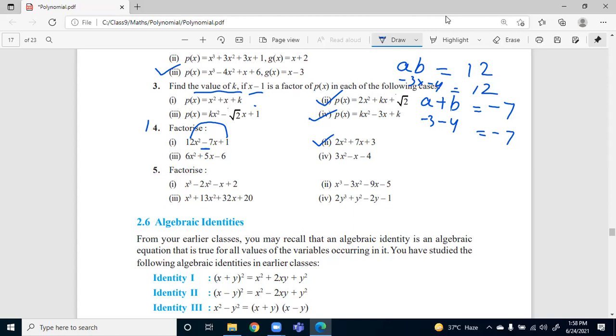Ma'am, can we take 6 and 1 as the numbers? Excellent. So it should be 6 and 1. So 6x plus x. Okay, then what should I do after that?